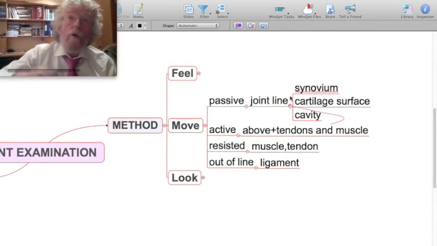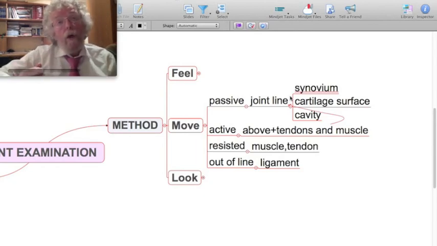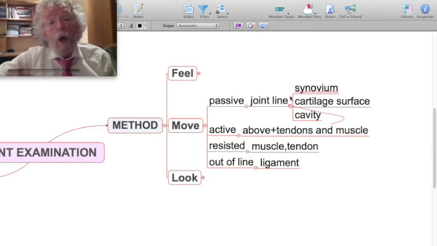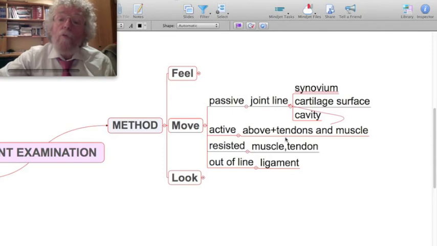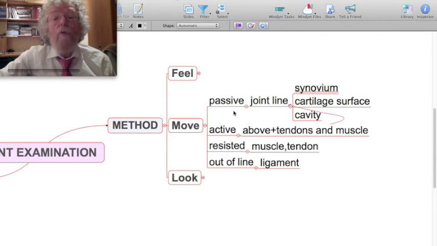And so if there are abnormalities within that structure, one will generally find problems on movement, both passive and active. Whereas patients who have primarily tendon, muscle problems, and sometimes ligament problems, their passive movements in the normal directions will be normal and unimpeded. Active movements may be painful or tender.